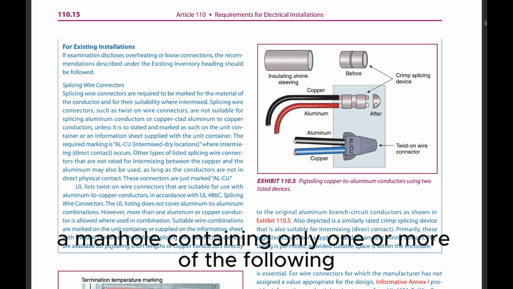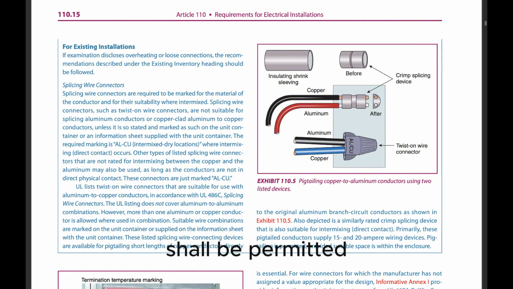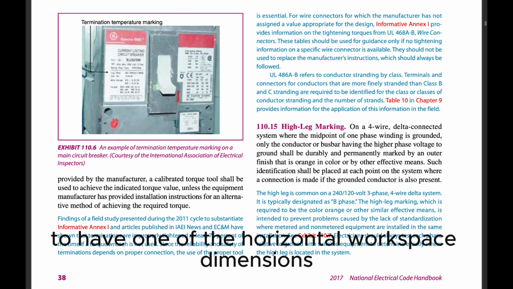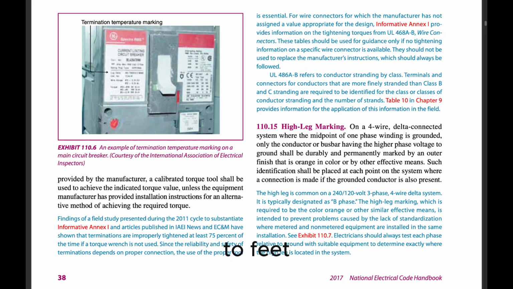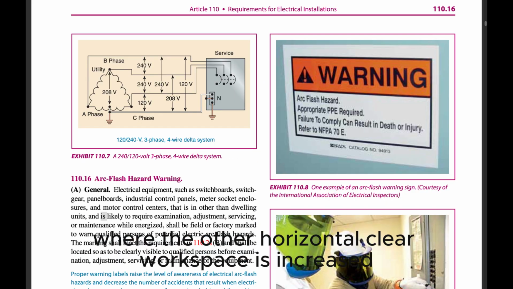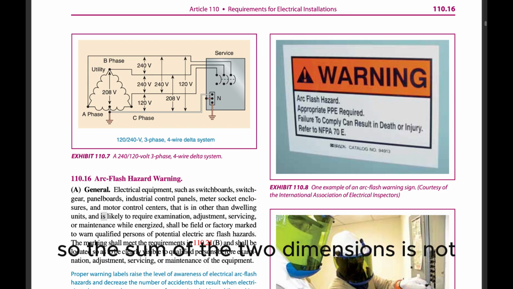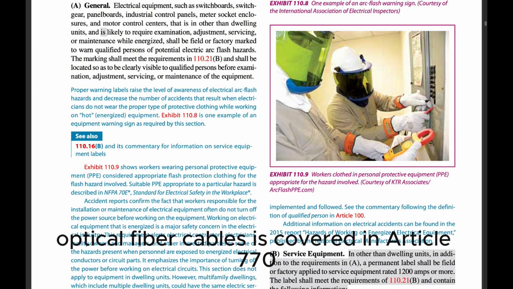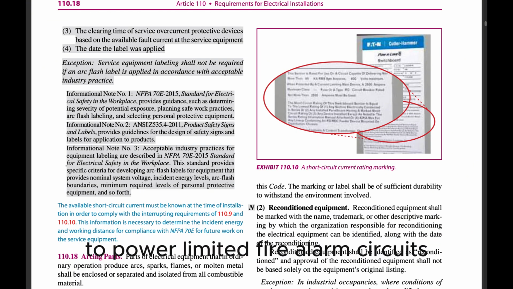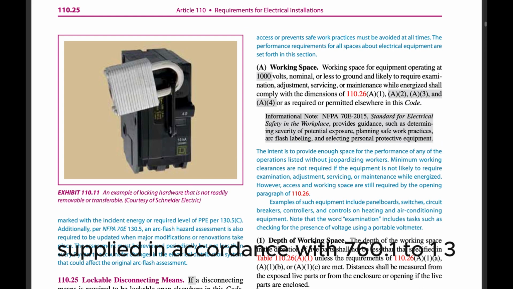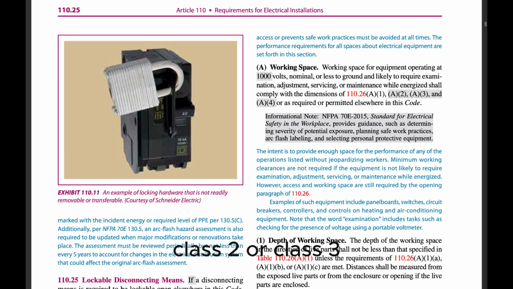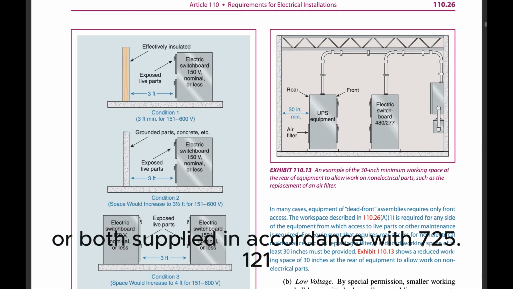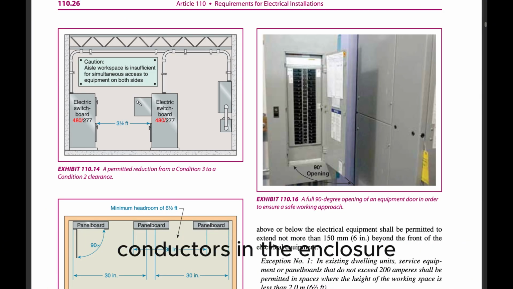Exception: a manhole containing only one or more of the following shall be permitted to have one of the horizontal workspace dimensions reduced to 600 mm (2 feet), where the other horizontal clear workspace is increased so the sum of the two dimensions is not less than 1.8 meters (6 feet). (1) Optical fiber cables as covered in Article 770. (2) Power-limited fire alarm circuits supplied in accordance with 760.121. (3) Class 2 or Class 3 remote control and signaling circuits, or both, supplied in accordance with 725.121. (4) Conductors in the enclosure.